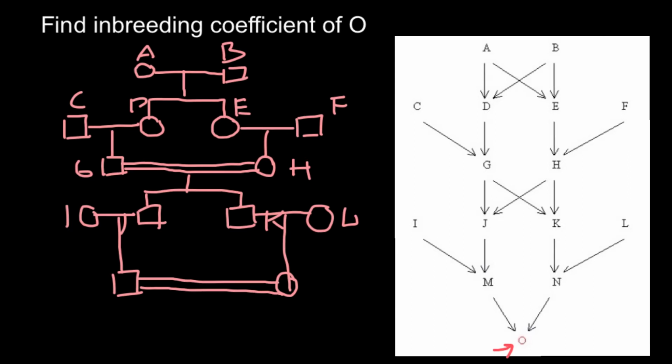This is individual M and individual N here, and they have child O. Sex is not specified here, but let's say this is female, and now we have to find the inbreeding coefficient for this female.